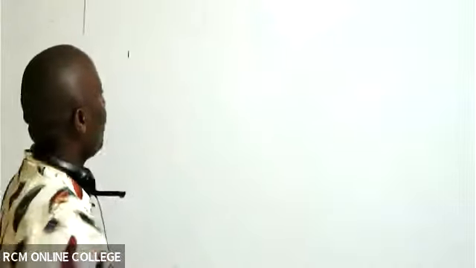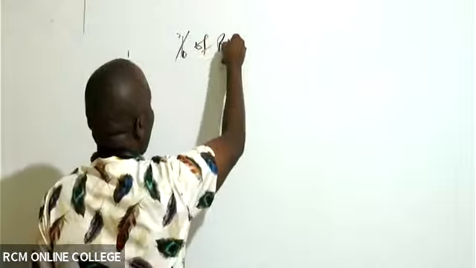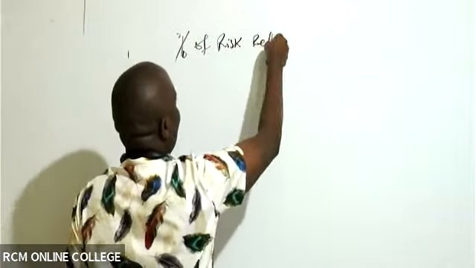So that is the standard deviation of the portfolio. Now, ladies and gentlemen, from there we shall go to number 4, the last one: the reduction in risk due to portfolio diversification. So, percentage of risk reduction.